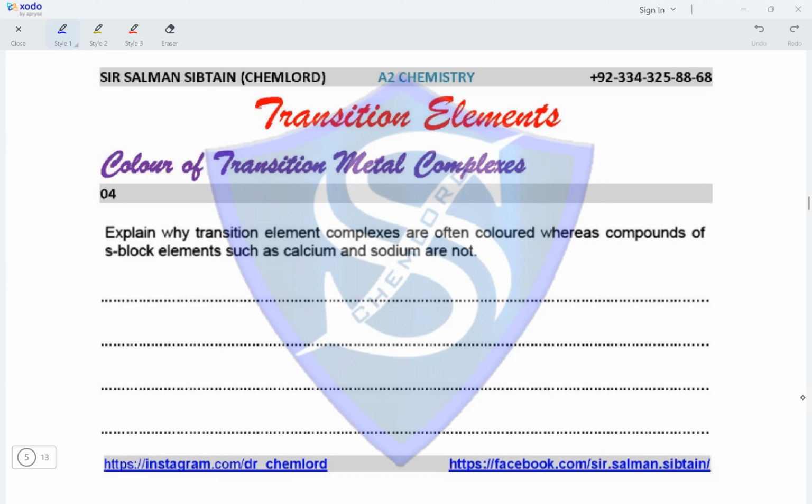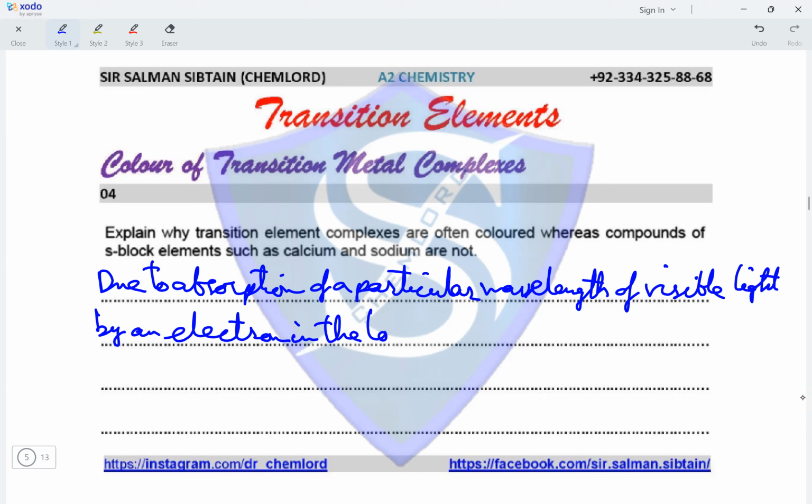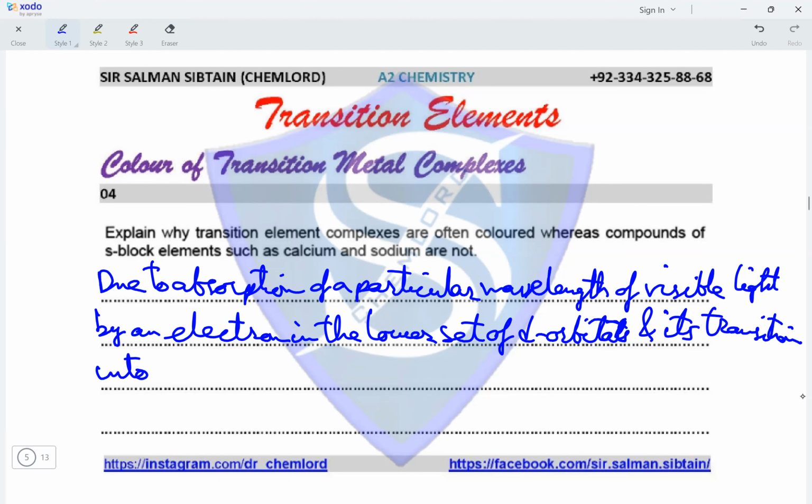So, the color of transition metal complexes is due to absorption of a particular wavelength of visible light by an electron in the lower set of d orbitals and its transition into the higher set.